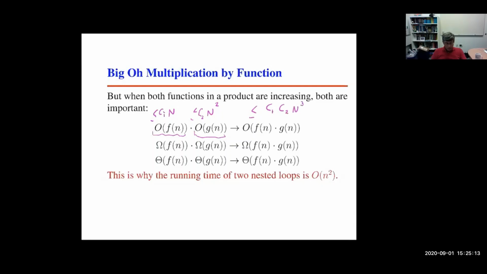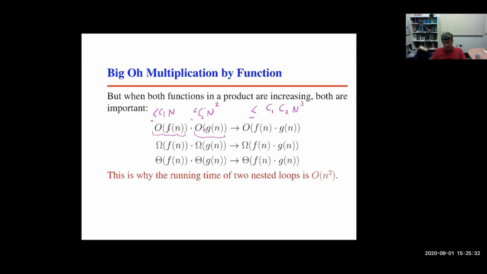Because if this is less than this and this is less than this, the product of them is less than c1 times c2 n cubed. The n cubed came from n squared.